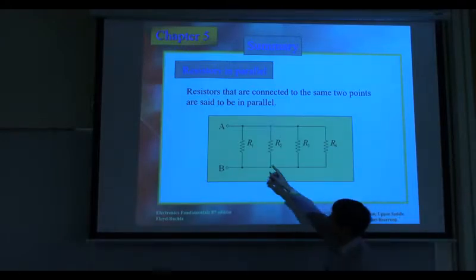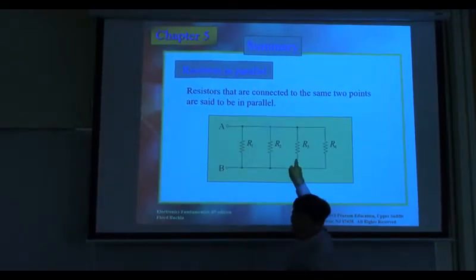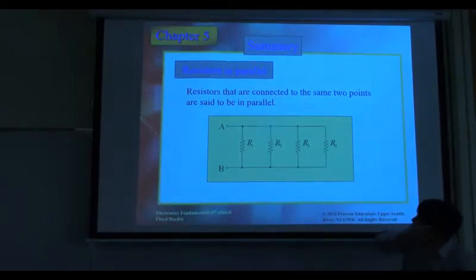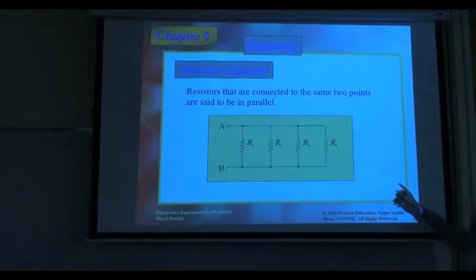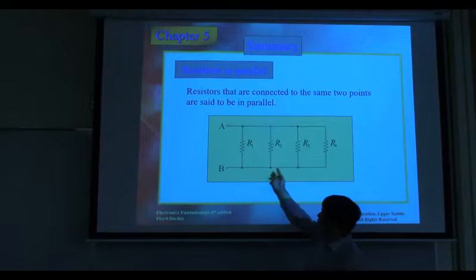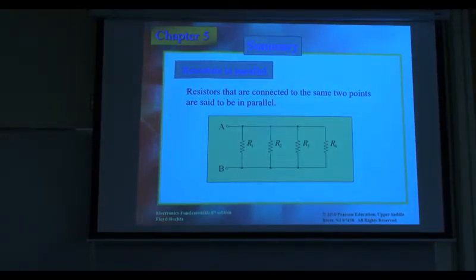You can see if the current comes this way, then the current will go this way, this way, and this way. They are not connected in series. They have a common terminal. This part, this part, this part, this part, they are connected in common, and the other terminals are also connected together. This is called a parallel circuit.